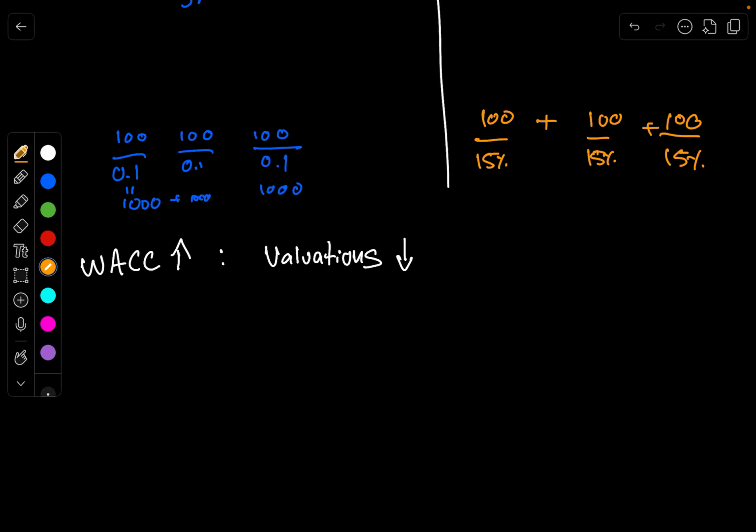So what does that give us? That means that each one of the values of these cash flows is going to be lower in this scenario. So we have this 666.6.